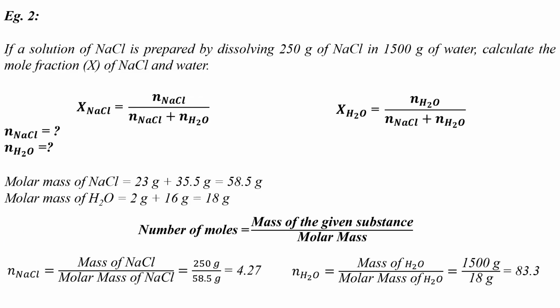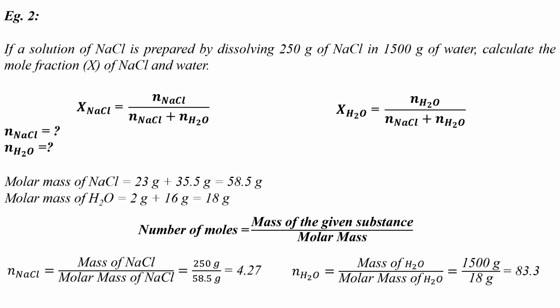Let's try to understand this concept better by solving an example problem. If a solution of sodium chloride, NaCl, is prepared by dissolving 250 grams of NaCl in 1500 grams of water, calculate the mole fraction X of NaCl and water. You are asked to calculate the mole fraction of each of the components, NaCl and water.